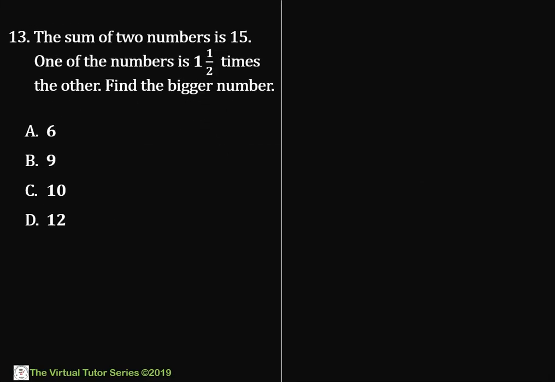Question 13. The sum of two numbers is 15. One of the numbers is 1.5 times the other. Find the bigger number. Solution. Since we are to find the bigger number, let's use x to represent the bigger number.